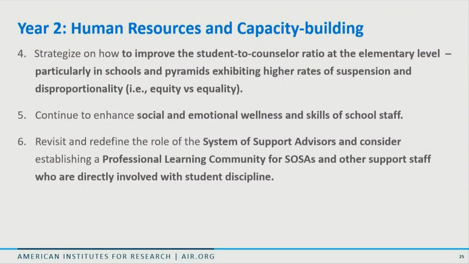Next slide. Okay. In year 2, strategize on how to improve the ratios of students to counselors, particularly in elementary schools, and most particularly in particular pyramids of schools. Continue to do the work on social emotional wellness of school staff, and revisit and redefine the role of the system support advisors, and consider establishing a professional learning community for SOSAs and other support staff who are directly involved in student discipline.